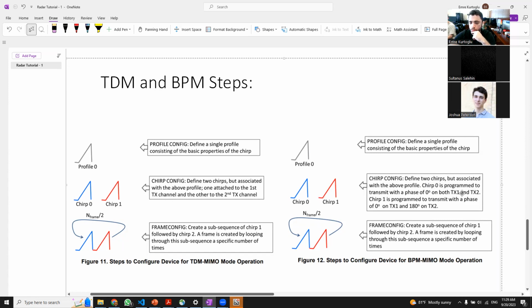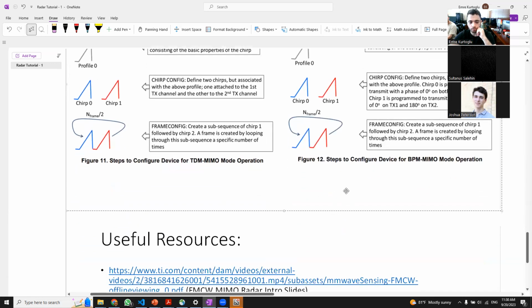Chirp 0 is going to be programmed to transmit the phase of 0 on both TX1 and TX2. Chirp 1 is going to be programmed to transmit with a phase of 0 on TX1 and 180 on TX2. So that's the difference. And the frame configuration part is the same. You need to create a subsequence of chirp 1 followed by chirp 2, and then repeat this a certain number of times.